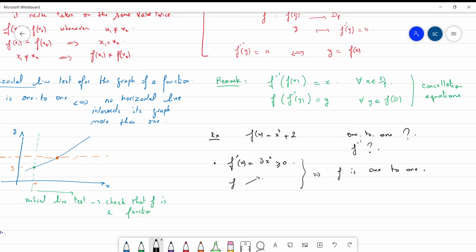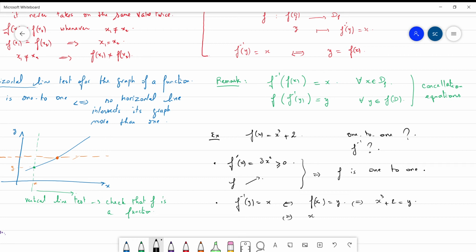Okay. Now I need to find the formula for f minus 1. I know that f minus 1 of y equals x is equivalent to saying that f of x equals y, that is x cubed plus 2 equals y. So I need to express x with respect to y. That's why I need to isolate x here.